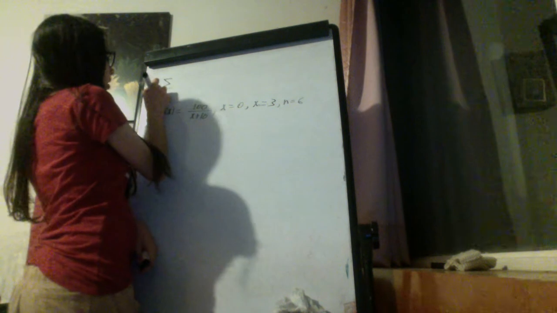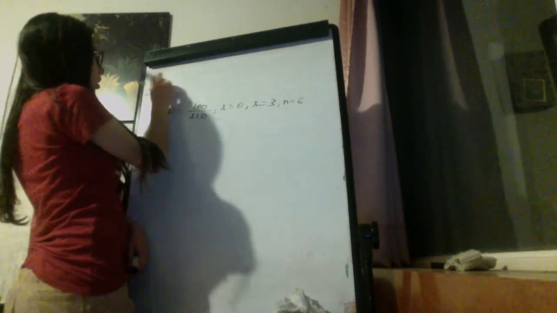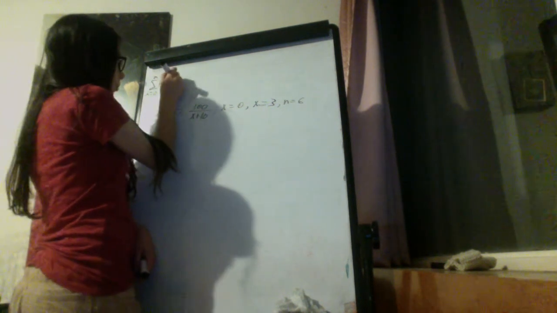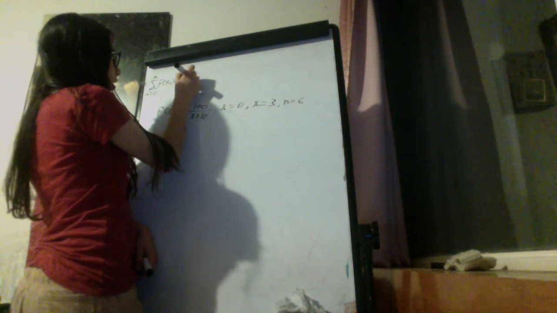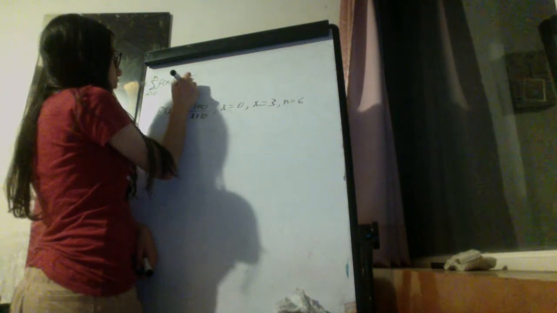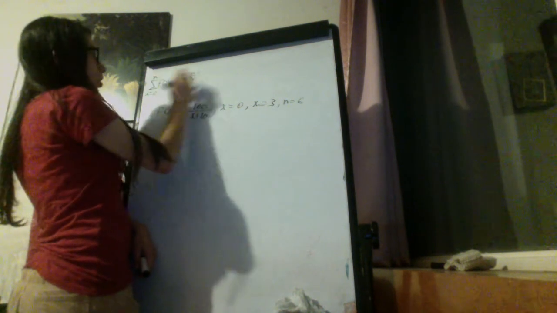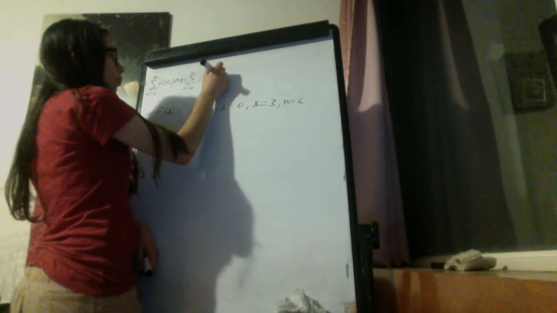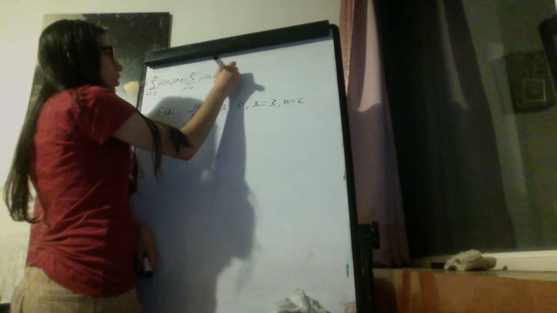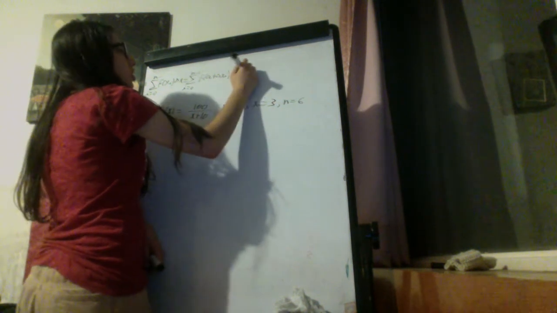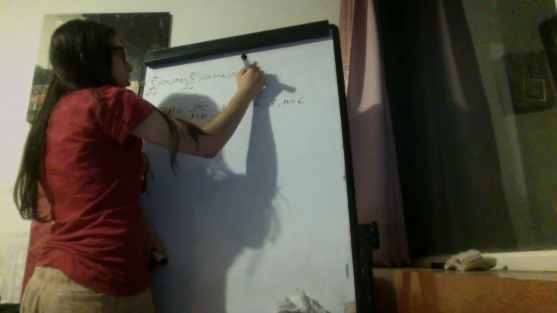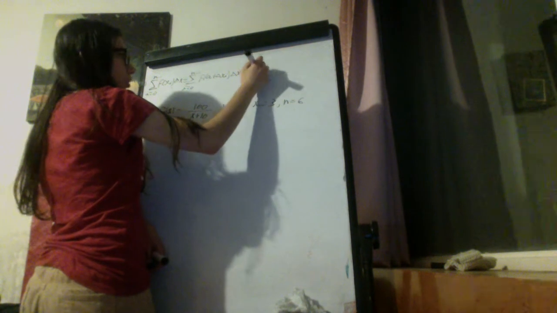Alright, so the left Riemann sum is the summation from i equals 0 to n of f of x sub i delta x. This is equal to the summation from i equals 0 to n minus 1 of f of a plus delta x times i, times delta x. This is equal to the summation from i equals 1 to n.